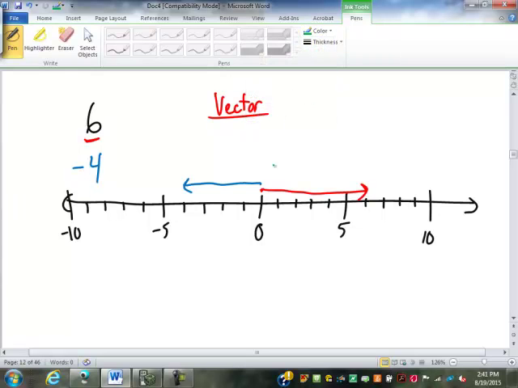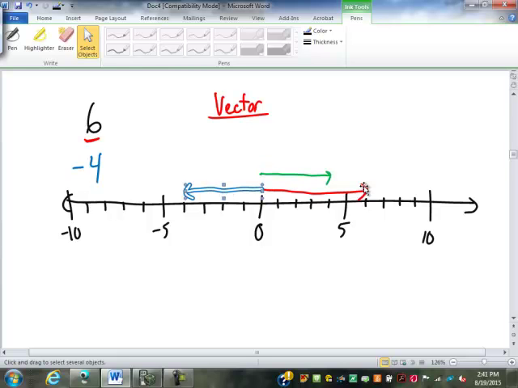Now, if we want to compare that to a +4, like this, if I'd drawn my line here to scale, what you would see is their lengths are pretty much the same. They should be exactly the same. They just point in opposite directions. So 4 and -4 have the same length, they just go in opposite directions.